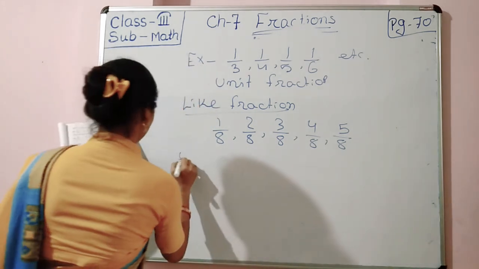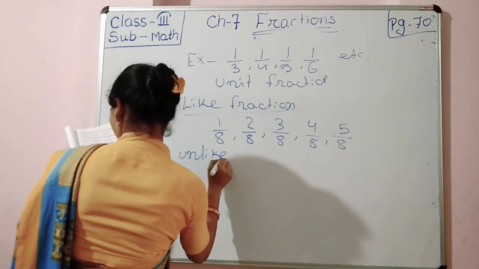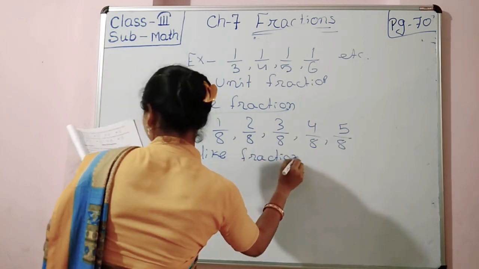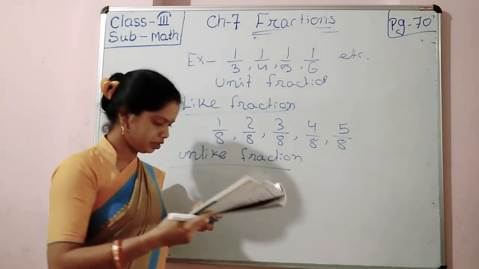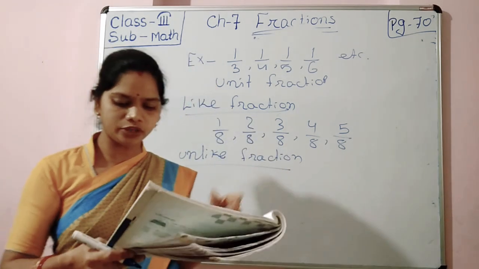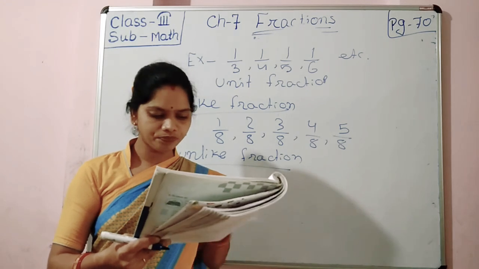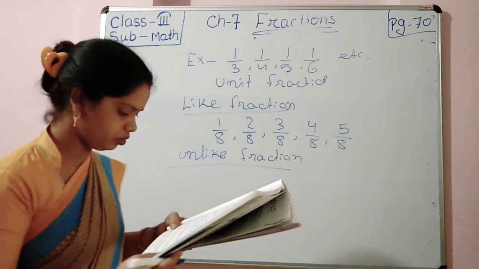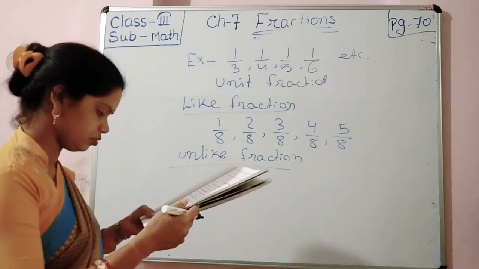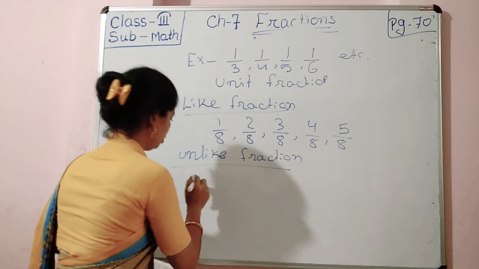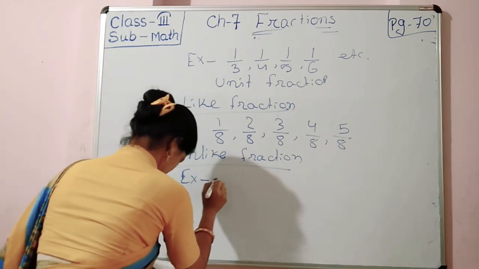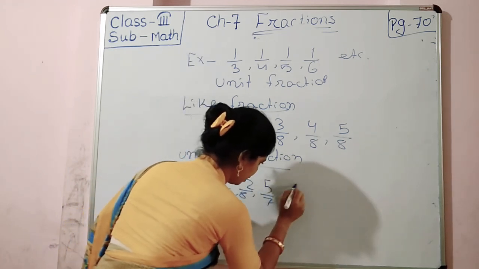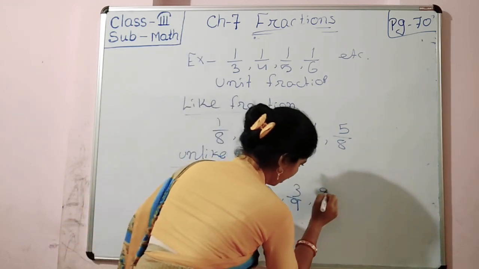Then unlike fraction. What are unlike fractions? The fractions which have different denominators are called unlike fractions. Look, for example 1 by 5, 2 by 8, 5 by 7, 3 by 9, or 9 by 12.